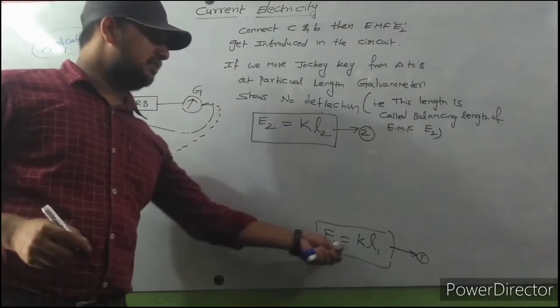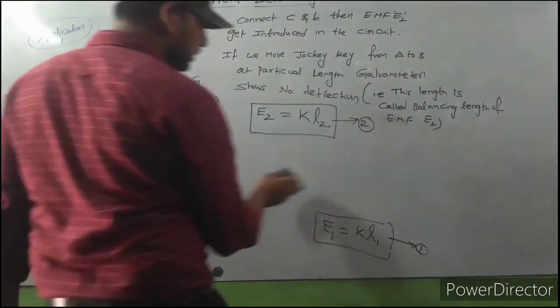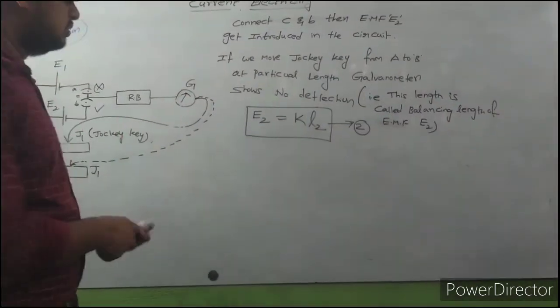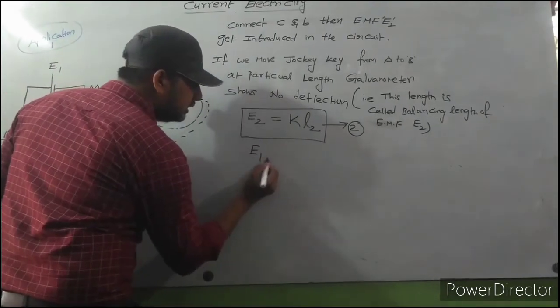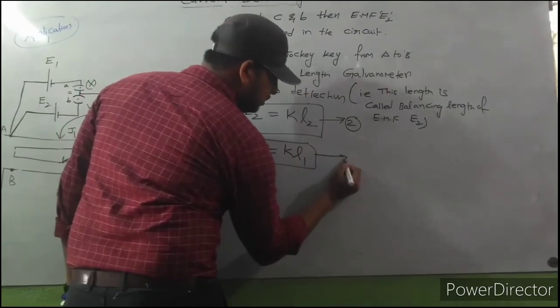So what is the first equation? E1 is equal to K into L1, and E2 is equal to K into L2.